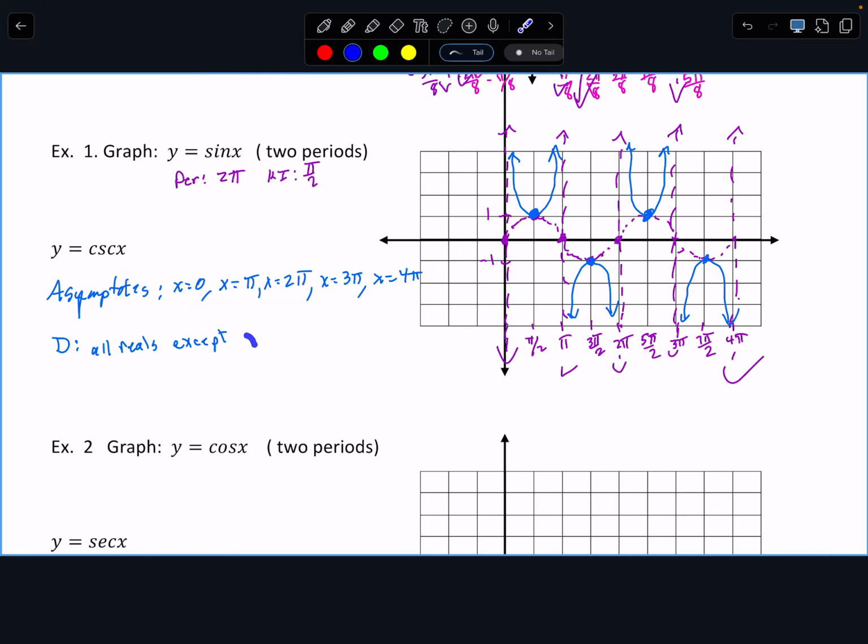And it is when x equals pi n, and this is read n is an element of the set of integers. And the set of integers is 0, plus or minus 1, plus or minus 2, plus or minus 3, etc.